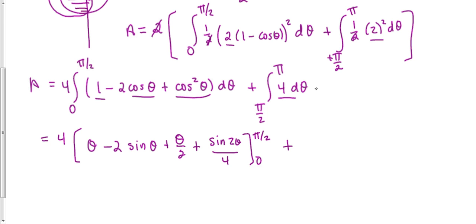And then the integral of 4 d theta is going to be 4 theta, and we're going to integrate that from pi over 2 to pi.